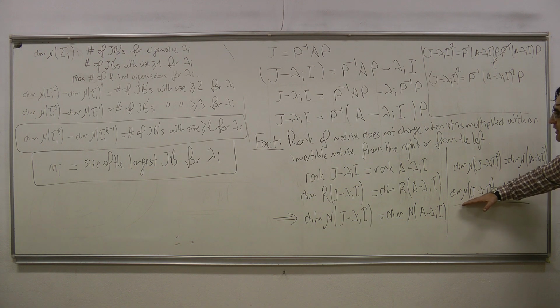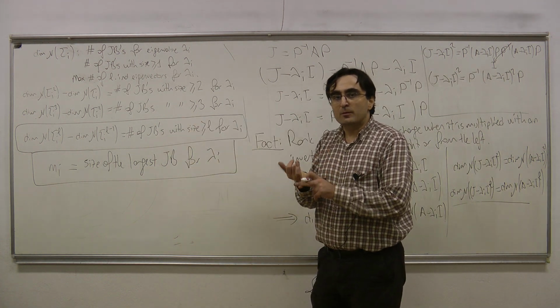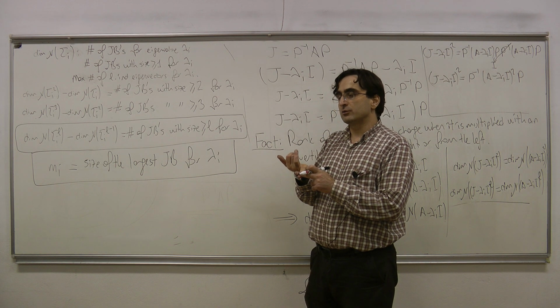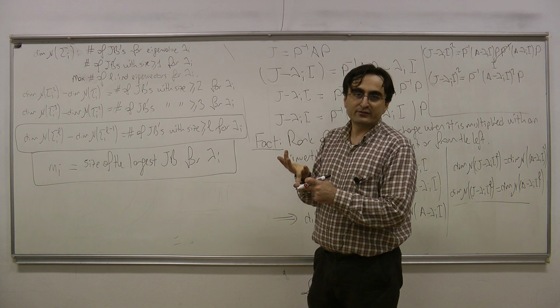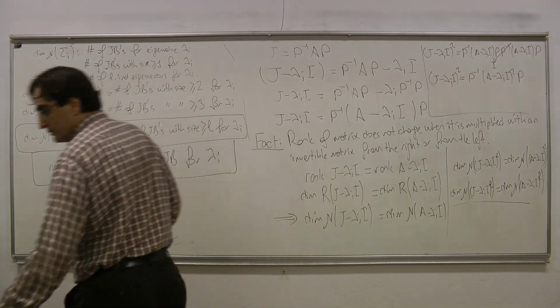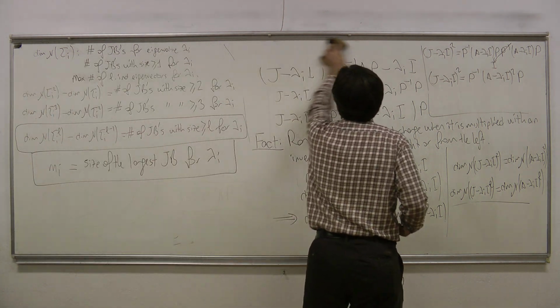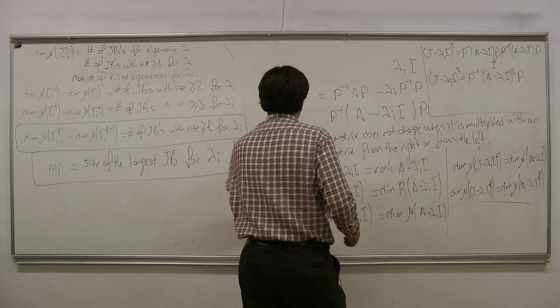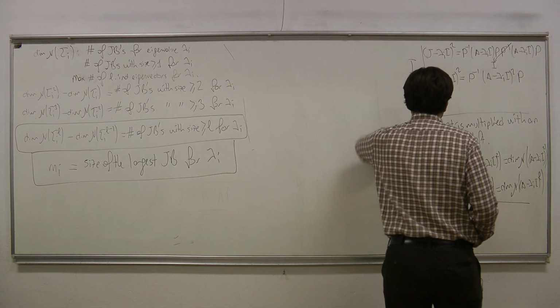And if you know these dimensions, you can understand the number of blocks in the Jordan canonical form, and you can try to find their sizes as well. So that is what we are going to do in this last example. Sorry, it took a little longer than I expected, so I will stop after this example.